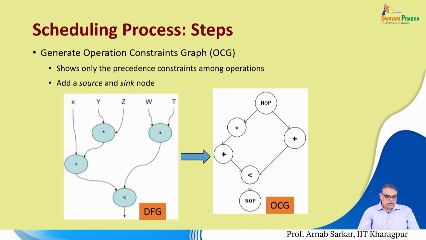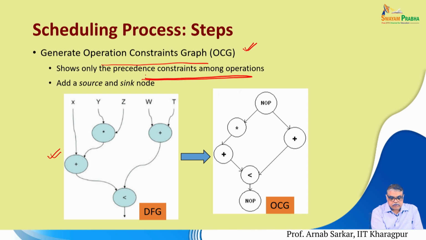Okay. Now, after we have obtained this data flow graph, we extract from it the operation constraints graph. The operation constraint graph only shows precedence relationships between operations. We do not require the variables here.